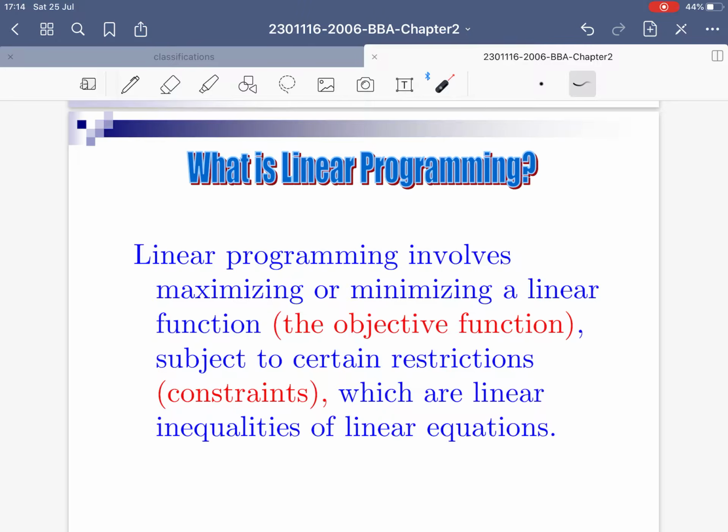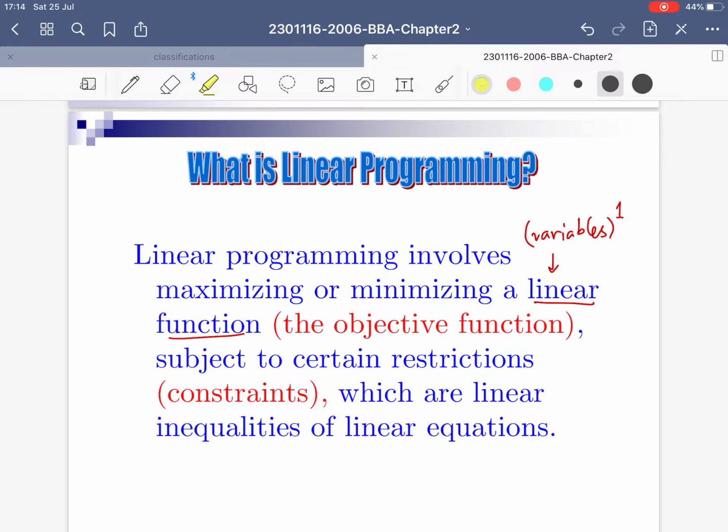Linear programming involves maximizing or minimizing a linear function. Don't forget that a linear function means the power of your variables is 1.